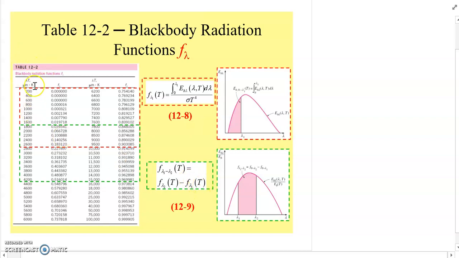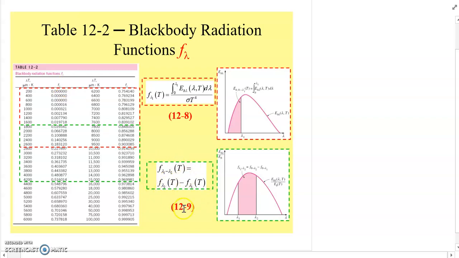So you need to subtract f lambda 1. The table here they give you is actually in 2 columns. The list continues here, 6,000, 6,200. This is not just temperature, but lambda times T, with temperature in Kelvin. If you know your lambda and temperature, you can just use the table to find your f lambda.